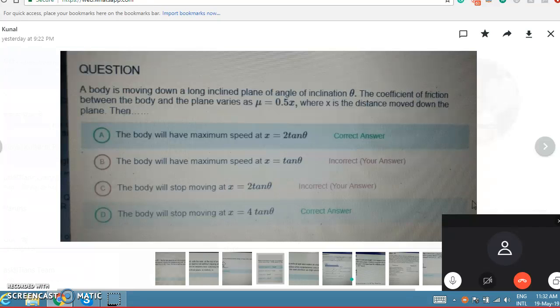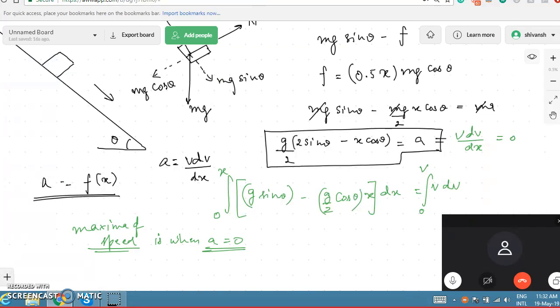Body will stop moving at what? Now stop moving, what do you mean by stop moving? Stops moving when v will be equal to 0. Right? So I guess instead of v, you could put the limit 0 over here, from 0 to 0.